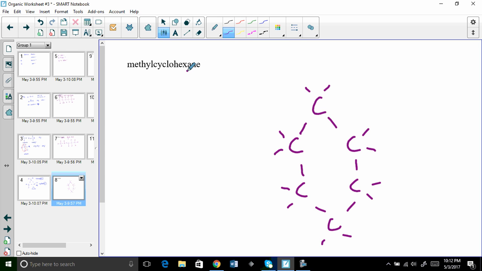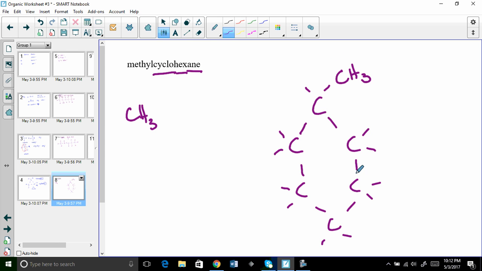All right, so all single bonds, 6, cyclo means a circle, and methyl means, it comes from methane, it means this, and it hooks onto the one I put on the first one. Now notice there's no position because when you have a cyclical compound, and there's one substituent, it's assumed that it's in position 1. If you only have one double bond or one substituent, it's assumed position 1.